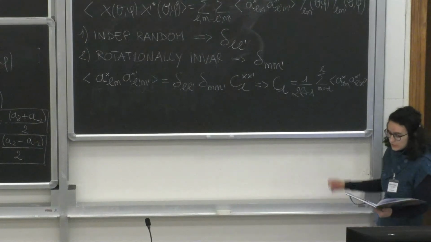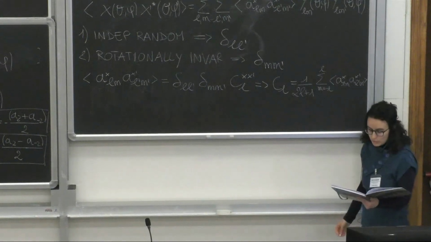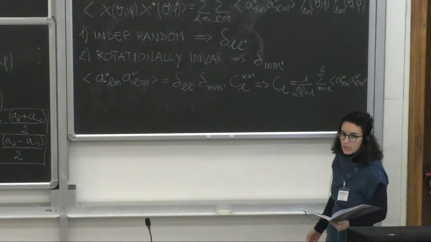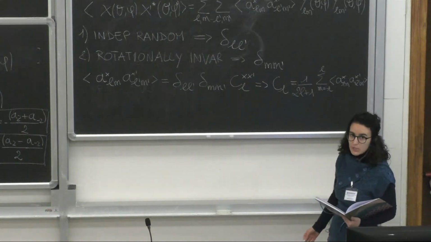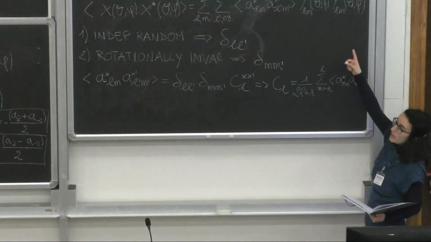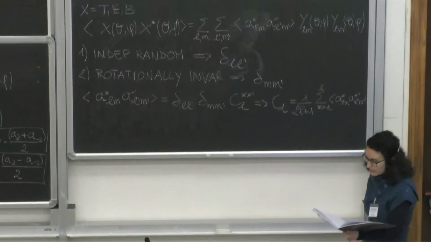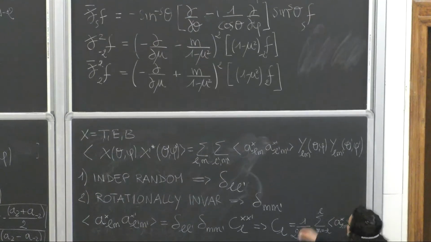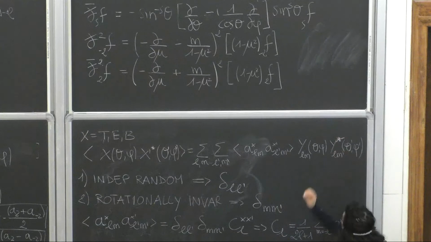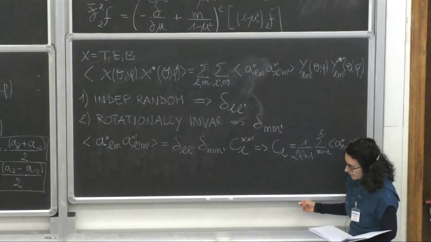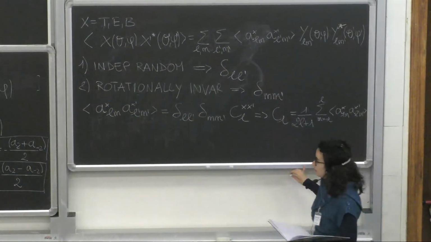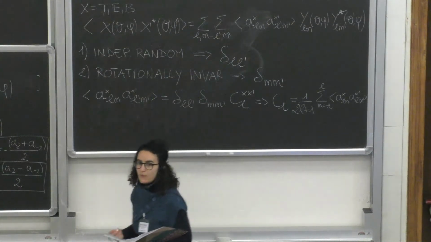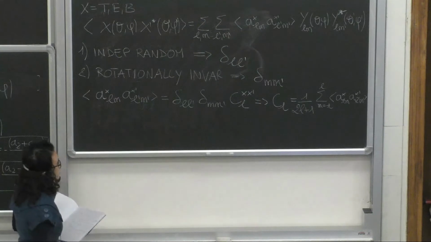So now we use this expression in the line above, and we also use a property of the spherical harmonics. Remember that there we have a product of the two spherical harmonics. Sorry, I also forgot another thing, that this should be like this. We have the product of the two spherical harmonics, and we can use a relation between the spherical harmonics and the Legendre polynomial.